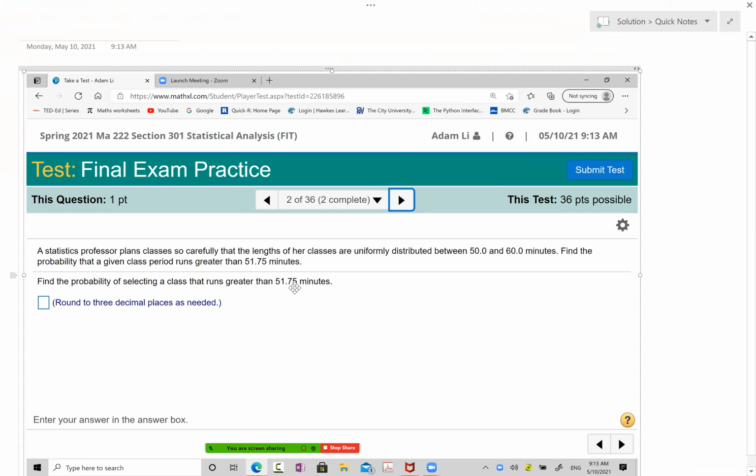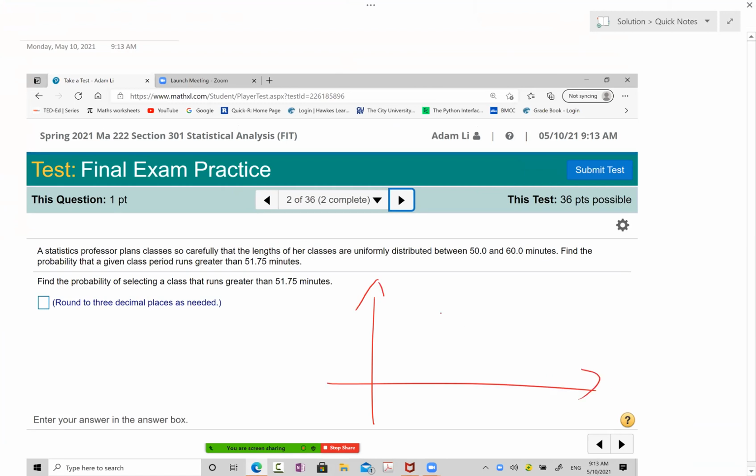You're going to draw a uniform distribution, which is a rectangle shape, right? So we get a rectangle here, and the base is from 50 minutes to 60 minutes. And then we know the total area, the total probability, is equal to 1.